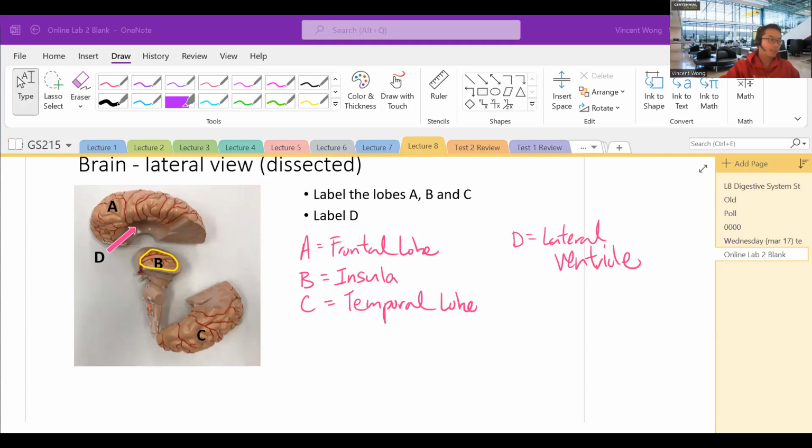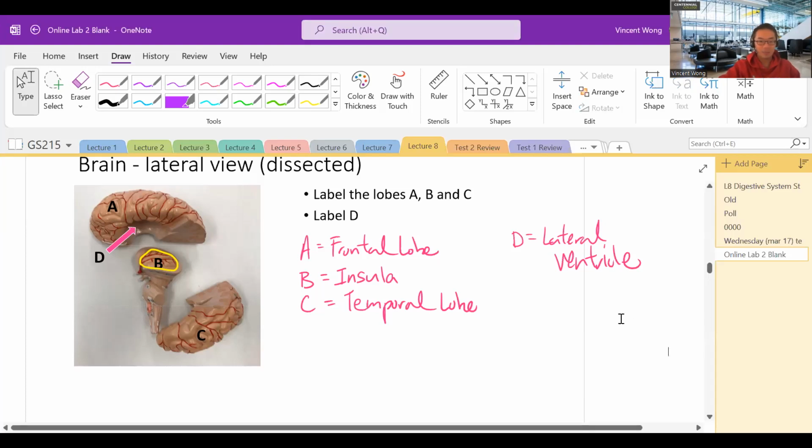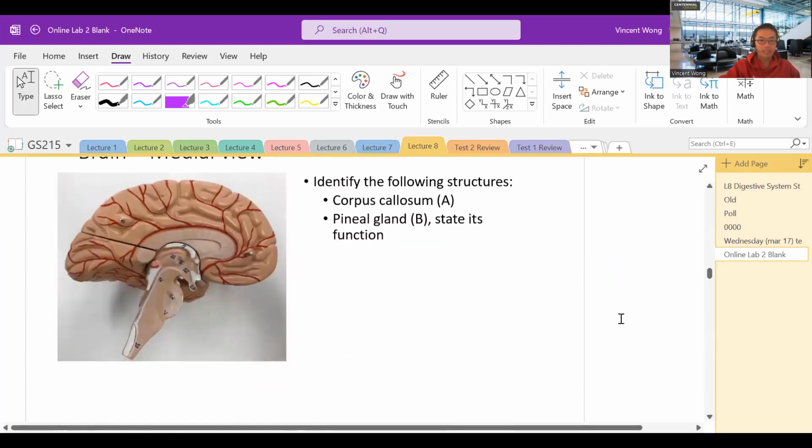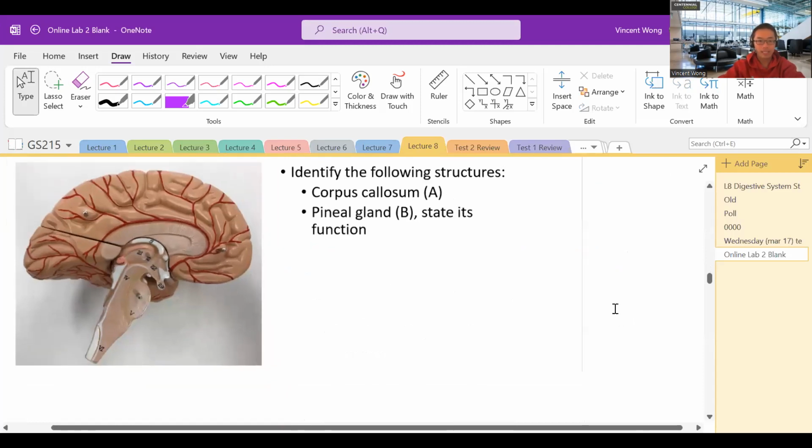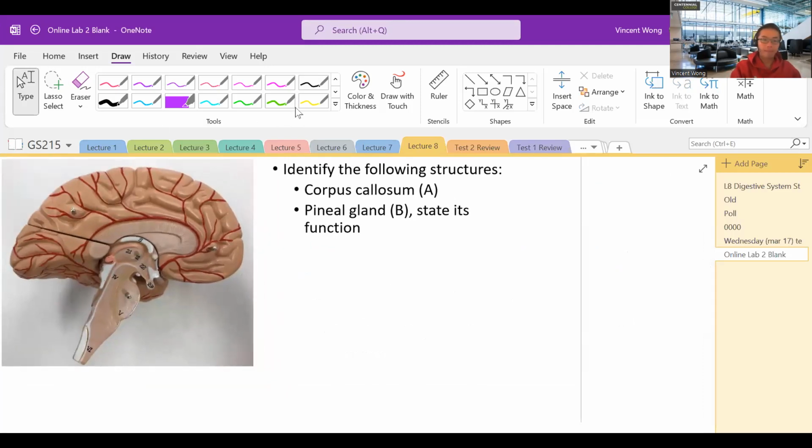We are almost done the brain, guys. I know there's a lot of brain diagrams, but we're almost done. Okay, so here it is again. And we were just talking about the corpus callosum, which is right here. Okay, and again, like in a more accurate model, this would have been like an empty space.